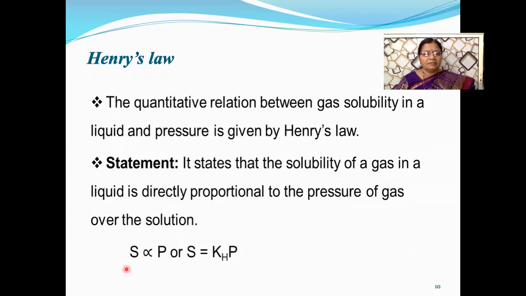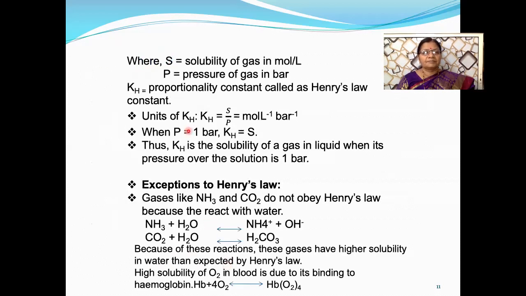So mathematically we can write S, that is the solubility in mole per liter, is directly proportional to the partial pressure of the gas over the solution. Now remove this proportionality sign so that it becomes solubility S is equal to KH into P, where KH is known as Henry's law constant.